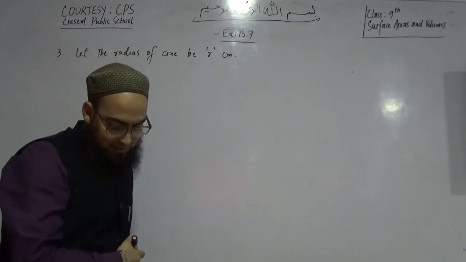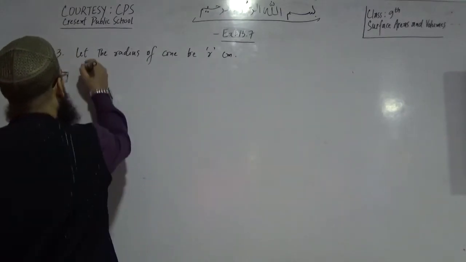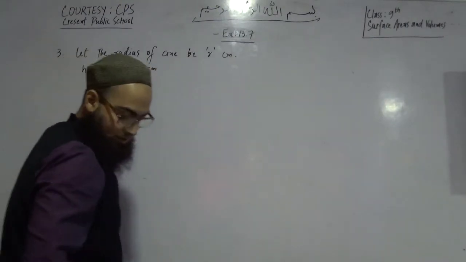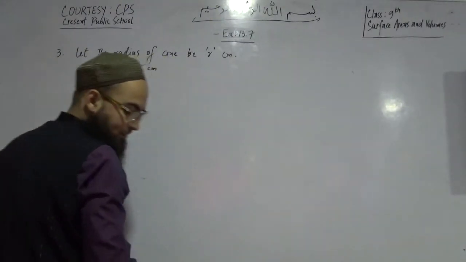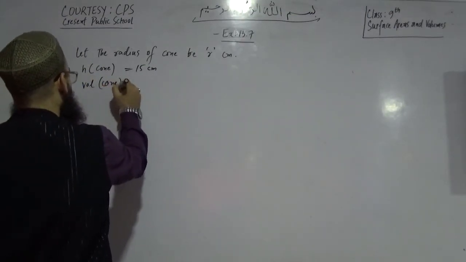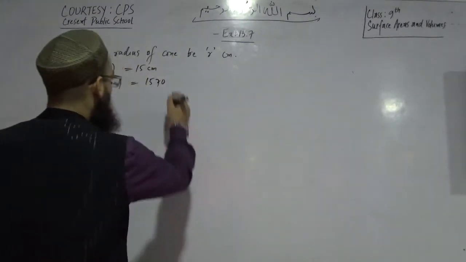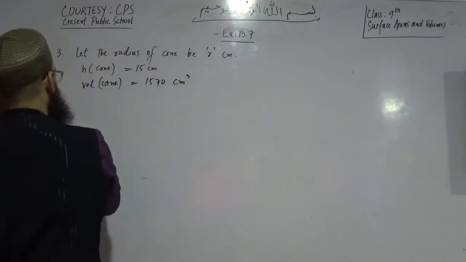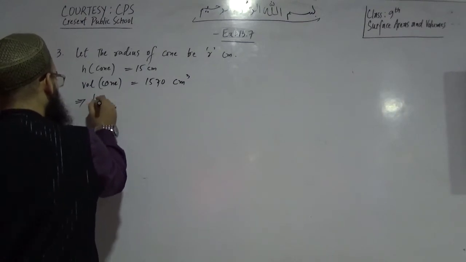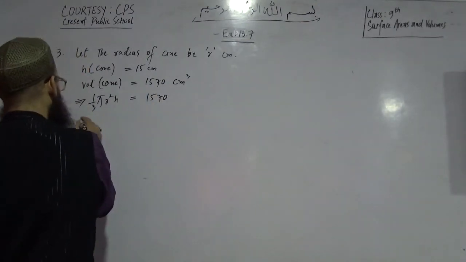Height of cone is 15 centimeter. And also you are given with volume 1570 cubic centimeter. Volume of cone is equal to 1570 cubic centimeter, which implies that volume of cone is 1 by 3 pi r square h, and that is equal to 1570.